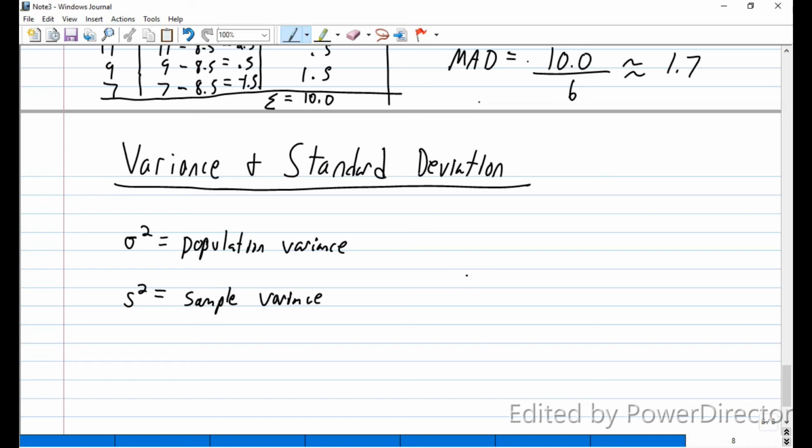The population standard deviation is just sigma. And the sample standard deviation is simply S.